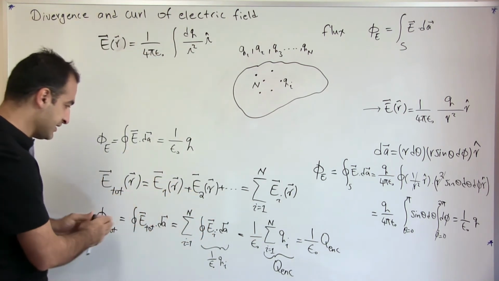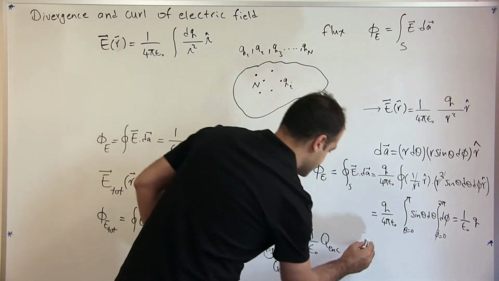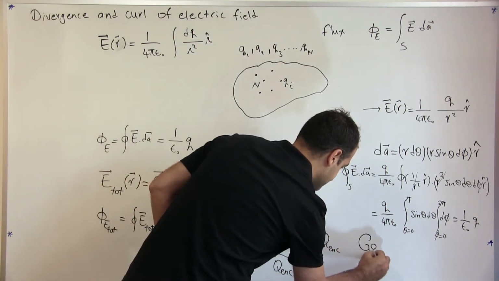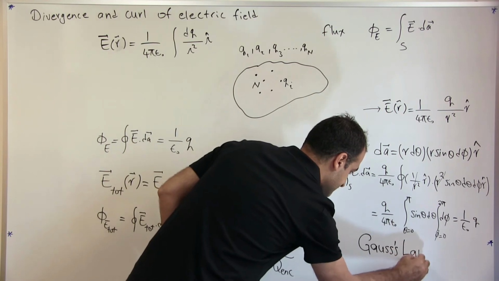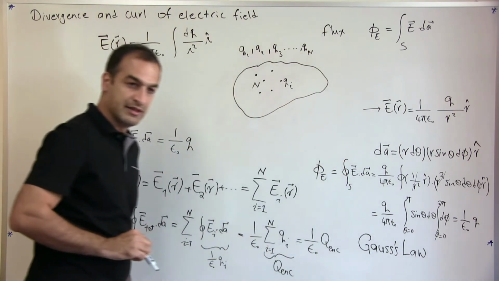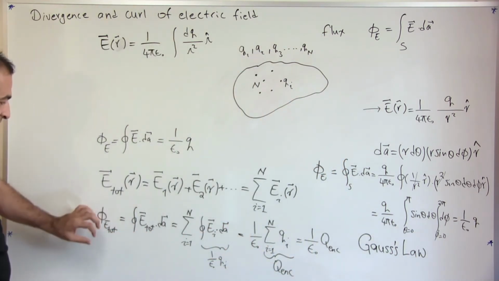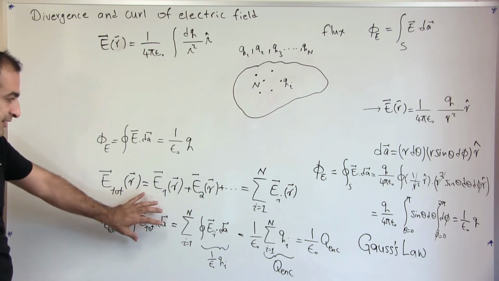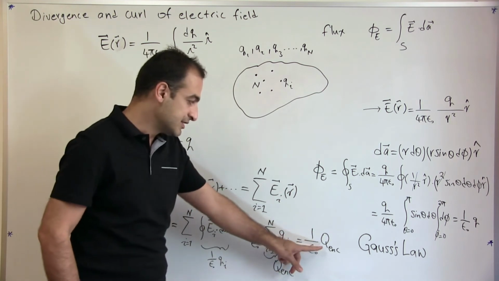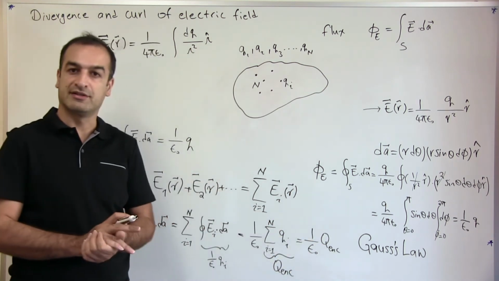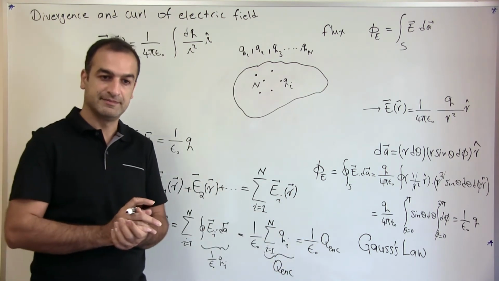By the way, this as a whole is the famous Gauss's law. The integral of the electric field on the surface, which is the flux of the electric field, is proportional to the total electric charge within the surface.